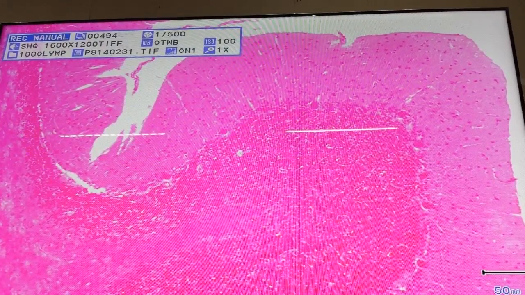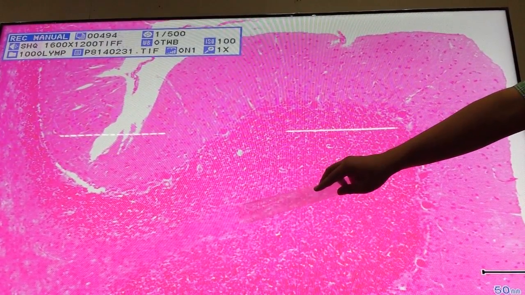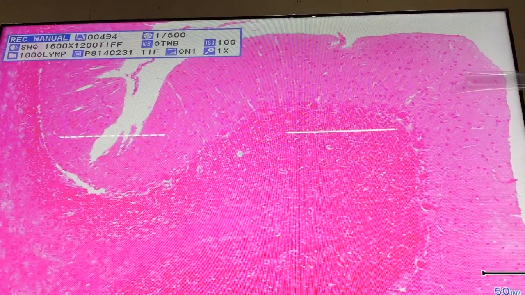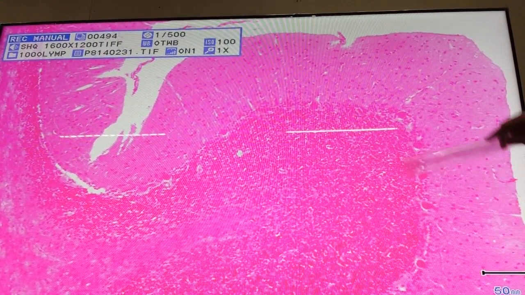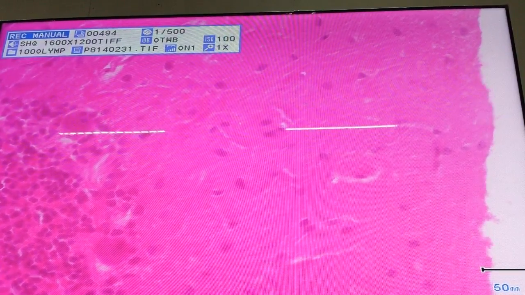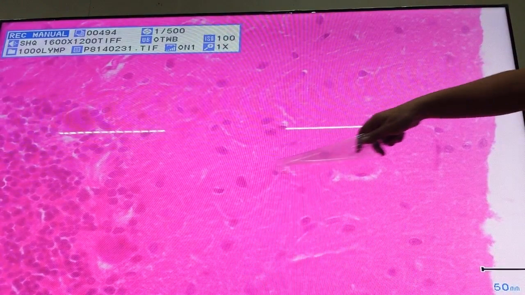Again, the gray matter, up to this portion, we have this less cellular area called the molecular layer. You have the Purkinje cell layer, and then you have the granular layer. In the molecular layer, you would see the basket cells.